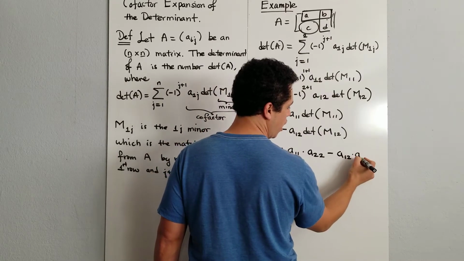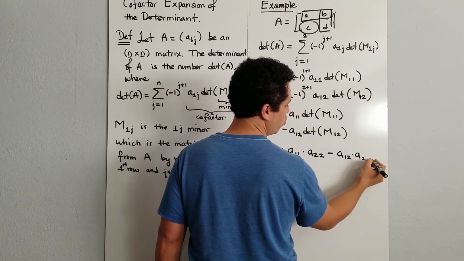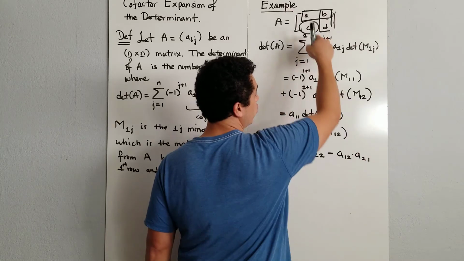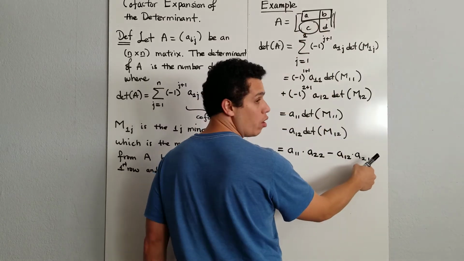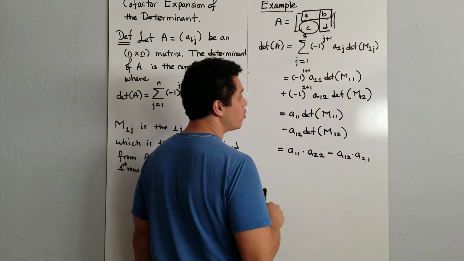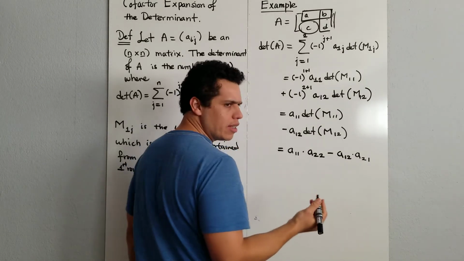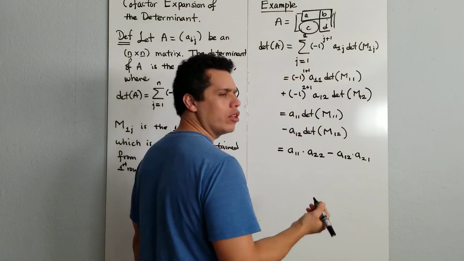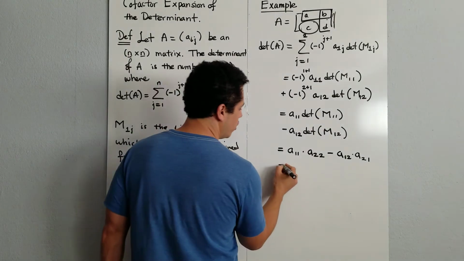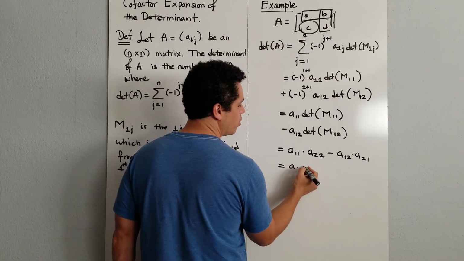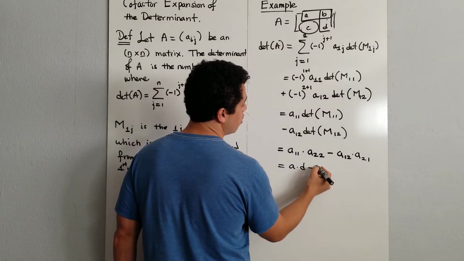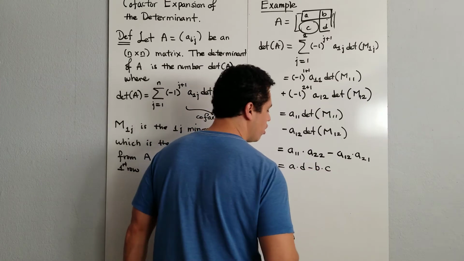That is a21, the entry on the second row and first column. But that is exactly the traditional determinant of a 2 by 2 matrix. This is A times D minus B times C.